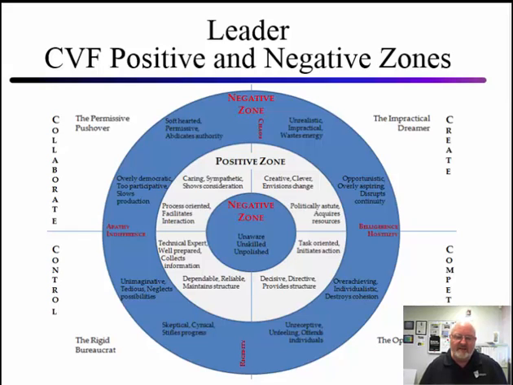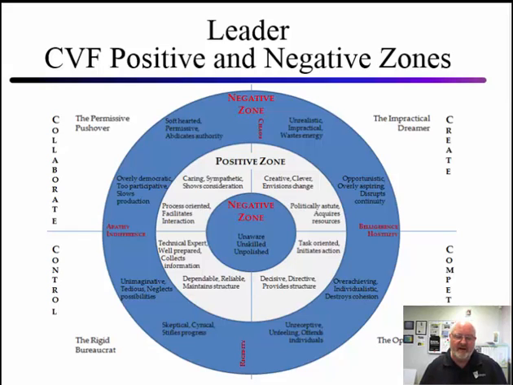So a master manager inside these zones, that's the white area of the target type of symbol that you'll see there, for the create sector is creative, clever, and envisions change. They're also politically astute and acquire resources for their organisation.